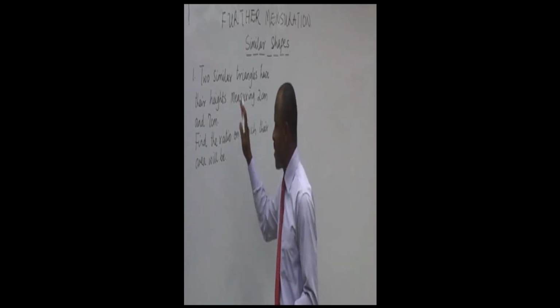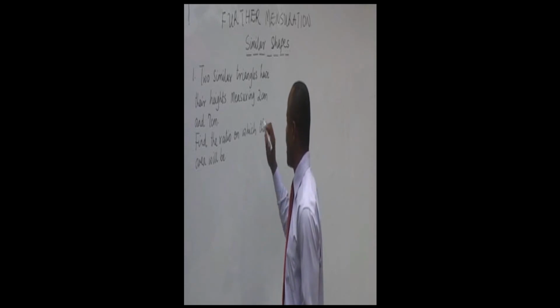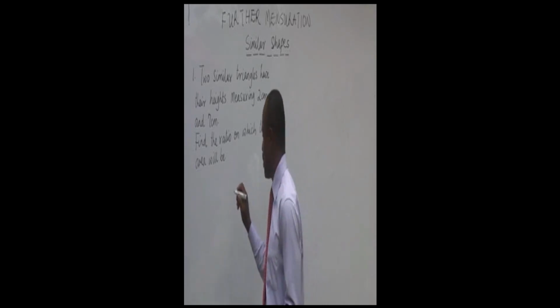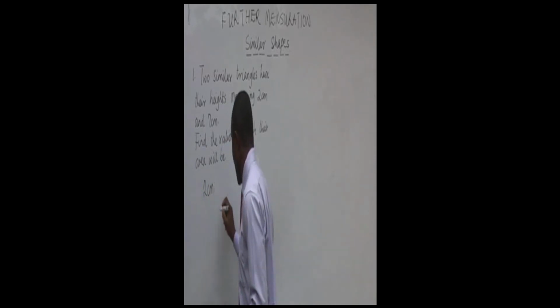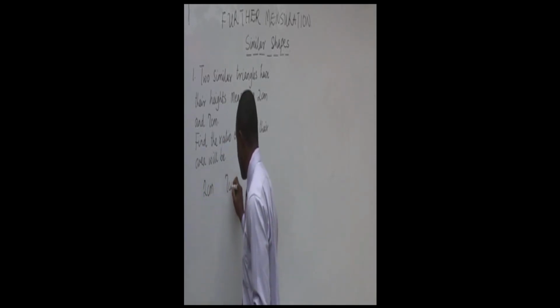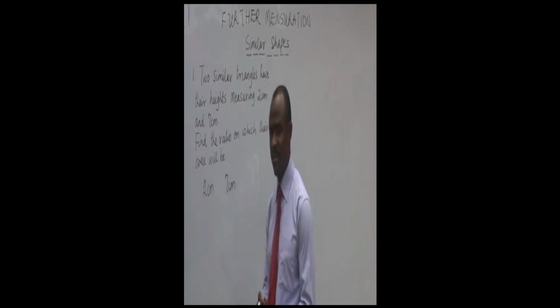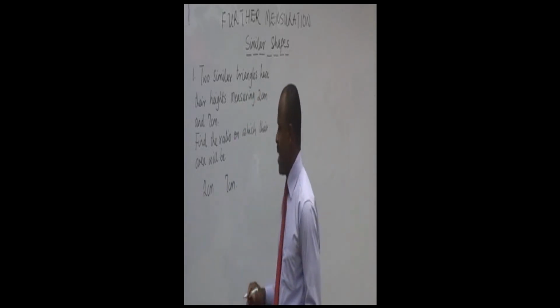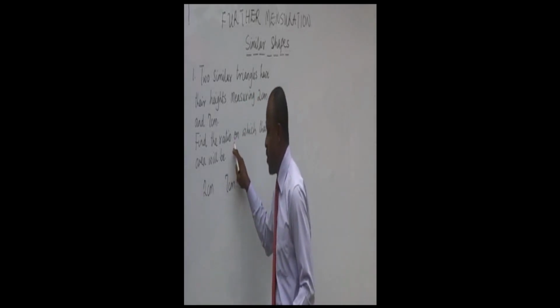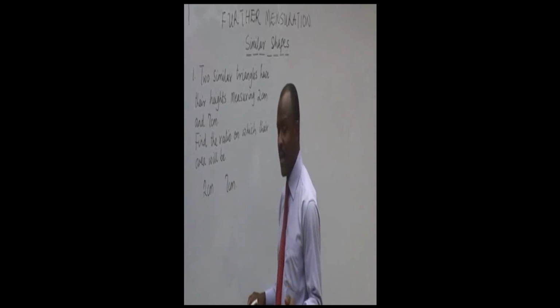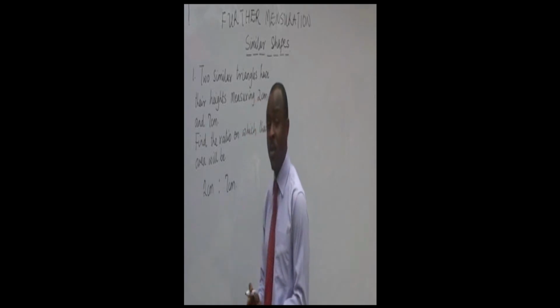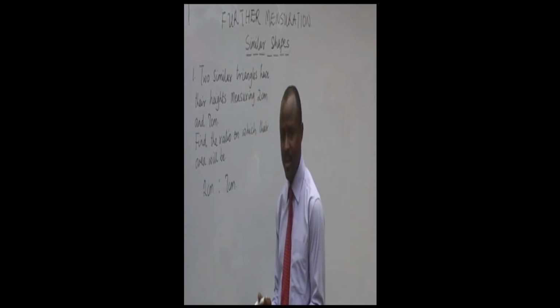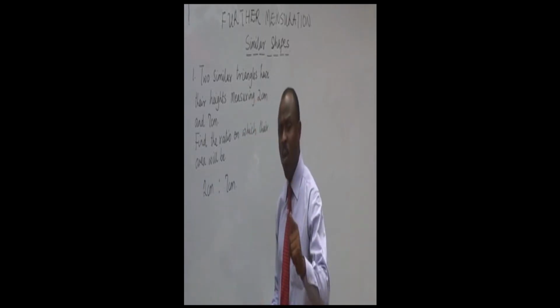The two similar triangles have their heights measuring 2 cm and 7 cm. Now ask yourself, they now want the ratio of the area. Already, this 2 cm and 7 cm is already the ratio of the heights. Now, what they want you to change it to is area.